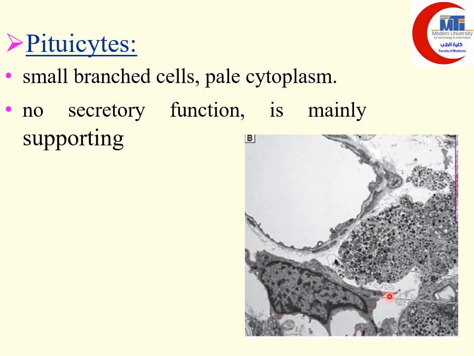Branched cells called pituicytes. So this electron microscopic picture shows axon terminal, fenestrated blood capillaries, and pituicytes, which are the neuroglial cells of the pars nervosa.